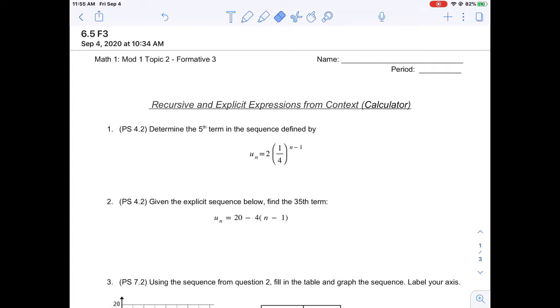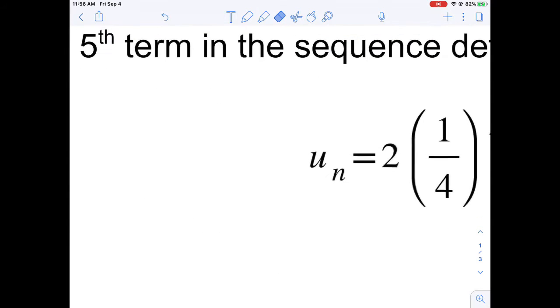So for this first one, using the explicit formula, determine the fifth term in the sequence defined by this given equation. Now notice that there is this u sub n instead of an a sub n or a g sub n. U is just the general term that they use instead of a's and g's, and you'll see u's used most often in these formulas.